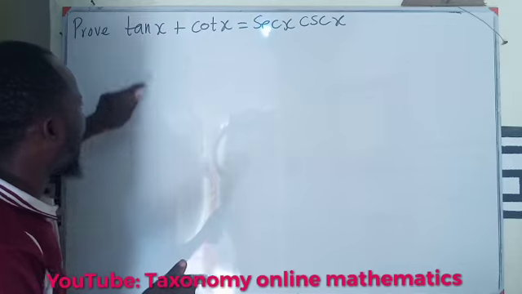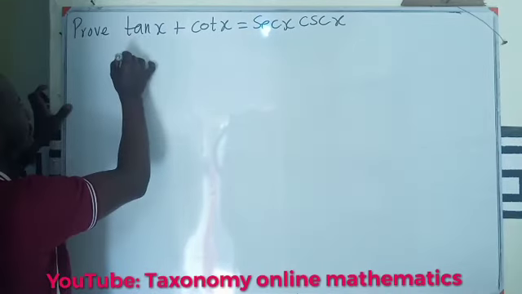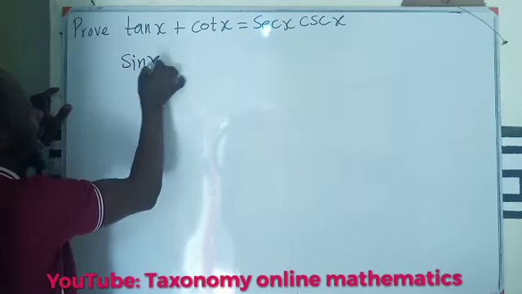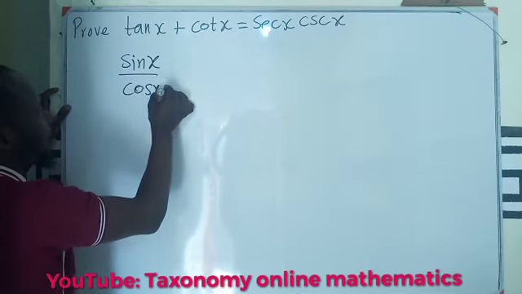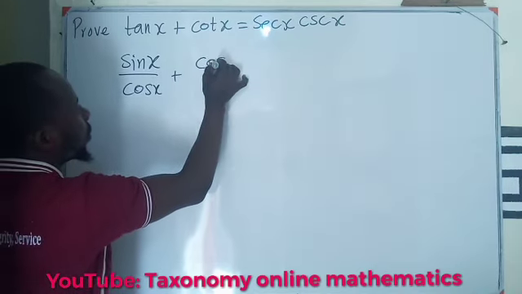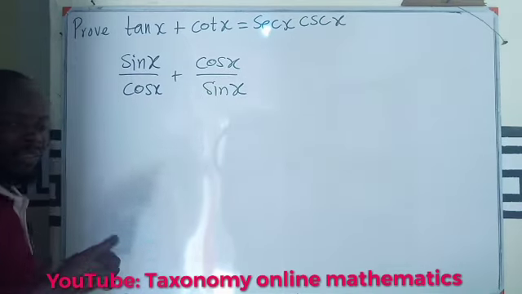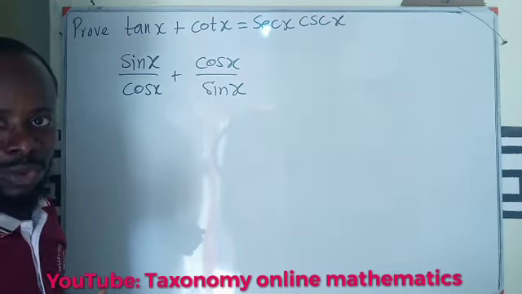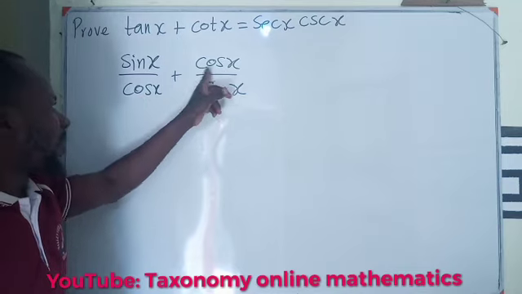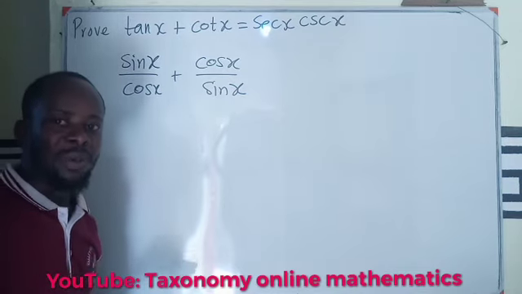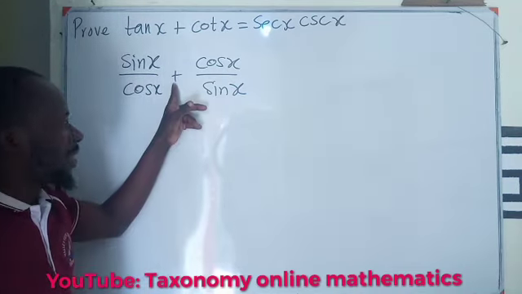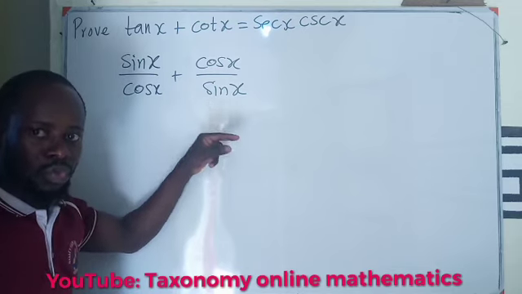So if that is the case, this is going to be sine x over cos x plus cos x over sine x. Maybe in your mind you'll be thinking this will cancel the cos and the sine so that we have 1 plus 1, 2. No, this is addition, so we cannot cross-cancel.